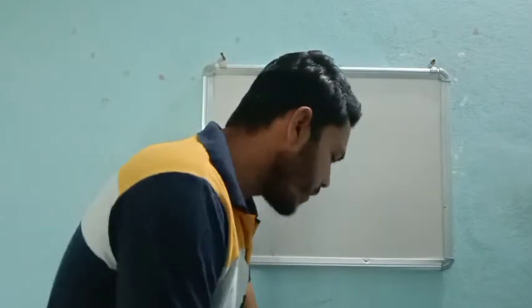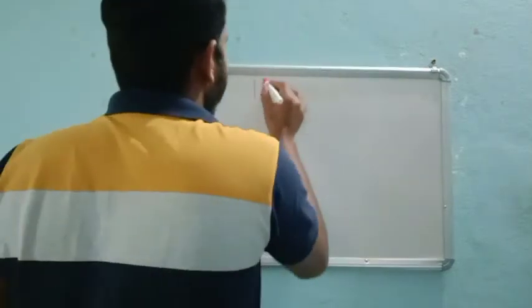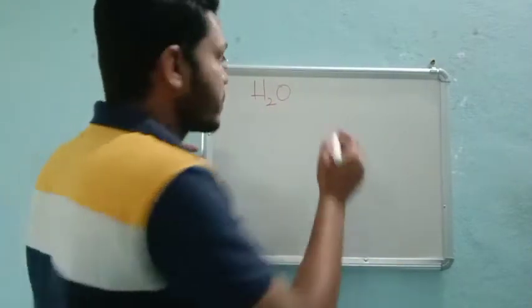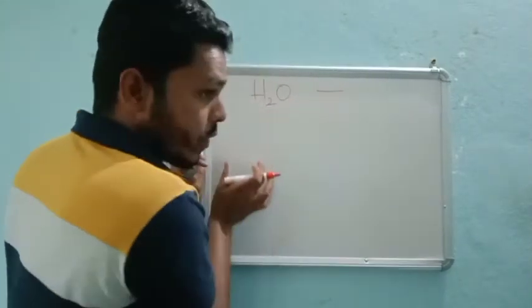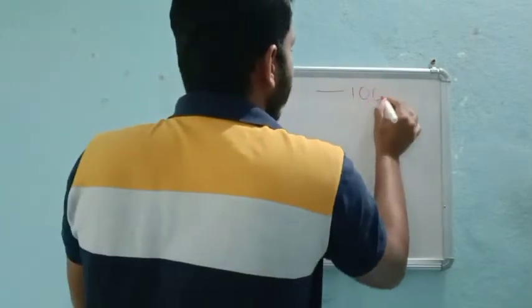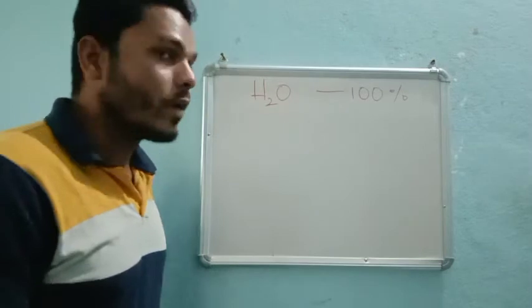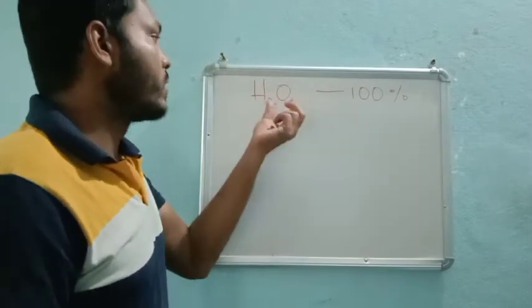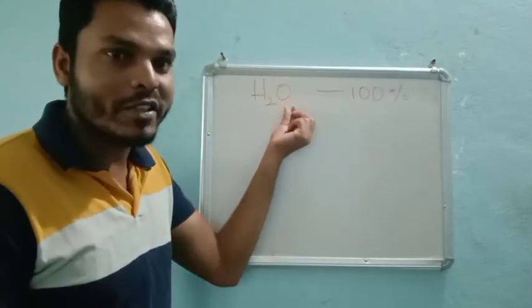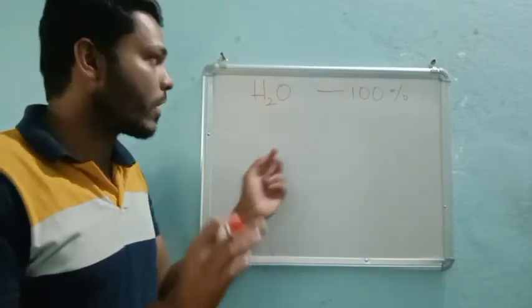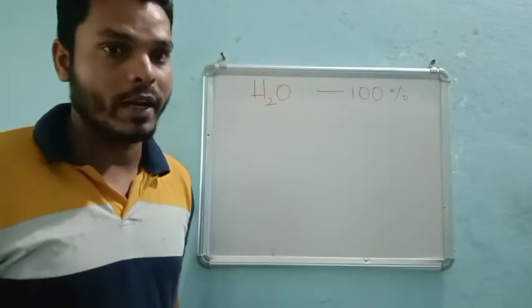So for a water molecule, if I say what is the percentage of the water molecule, it is a neutral molecule, so it is 100%, right? So if I ask you to calculate what percentage of oxygen is present in the water molecule, then it will be difficult. Now we are going to calculate that only.